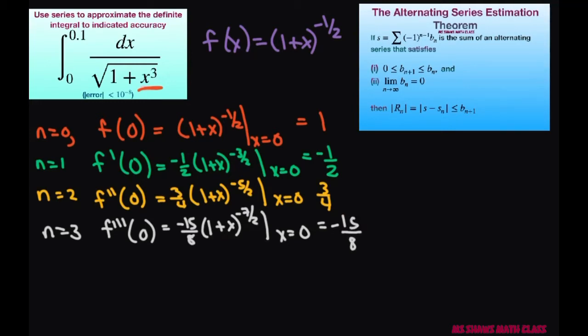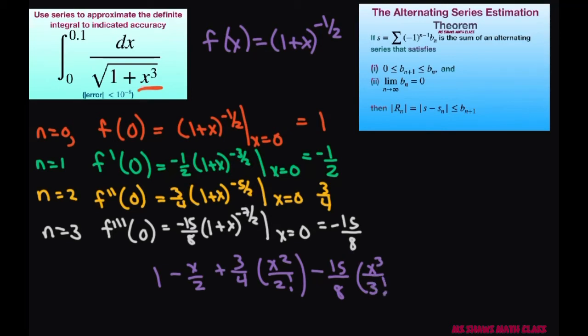All right, so our series is going to end up being 1 minus x divided by 2 plus 3/4 times x squared divided by 2 factorial minus 15 divided by 8 times x cubed divided by 3 factorial plus and so on. And that's for this, but we actually have x cubed.